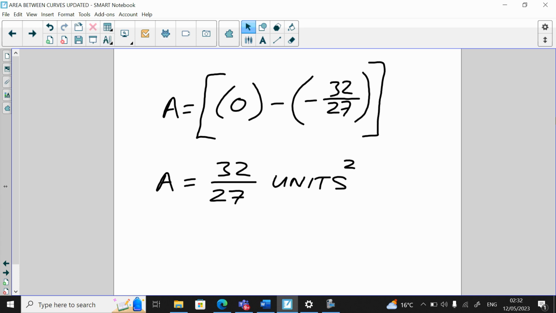So what you got there, 32 over 27, it's up to you if you want to decimalize that. So what's that? A little bit less than 1.2, something like 1.18, 1.19. It doesn't matter. That'll do us here.